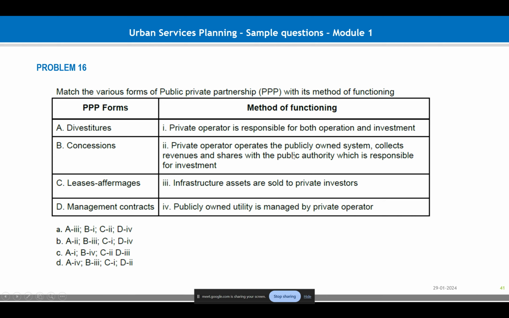Private operator operates a publicly owned system and collects revenues and shares with the public authority, which is responsible for the investment. Correct. So it is lease affermage, which means you've leased it out.